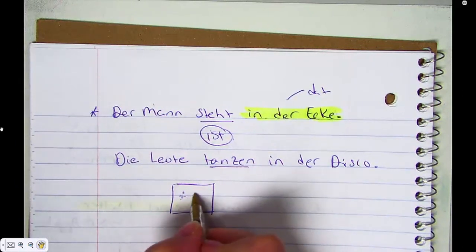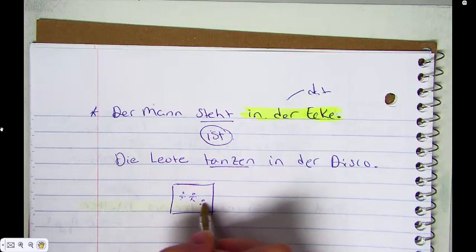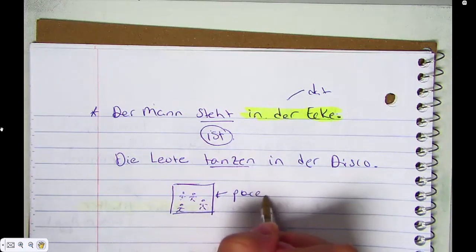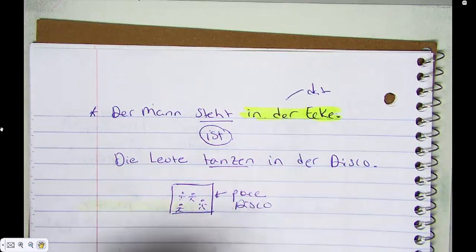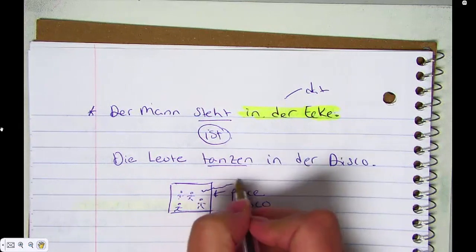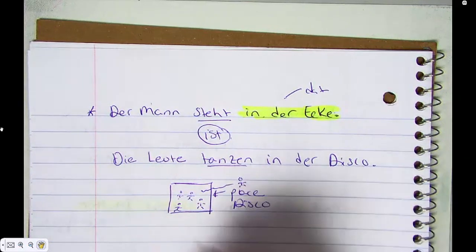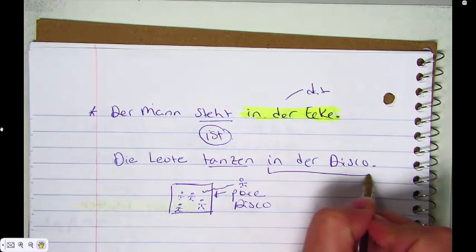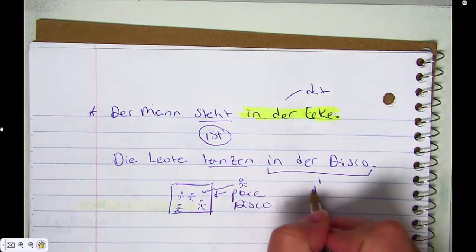Here's lots of people. They're all dancing. They're not leaving this place. They're in this place. If one of them were to leave, then we would have motion. But we don't, because they're stuck in the disco. So that's die Leute tanzen in der Disco. Dative is dead. This is going to be in dative case.